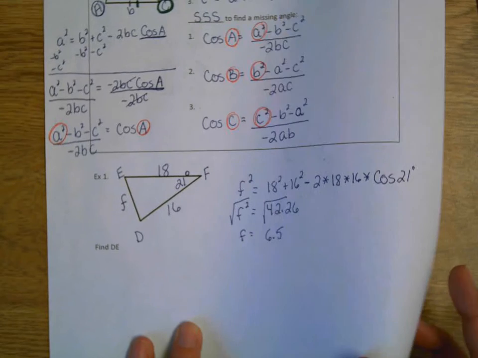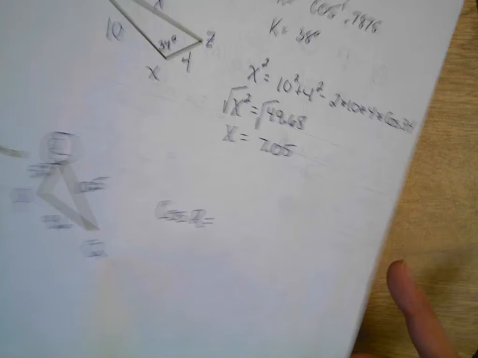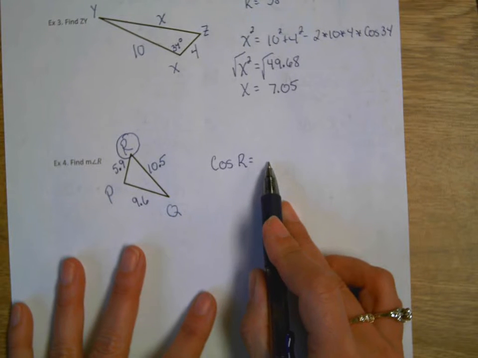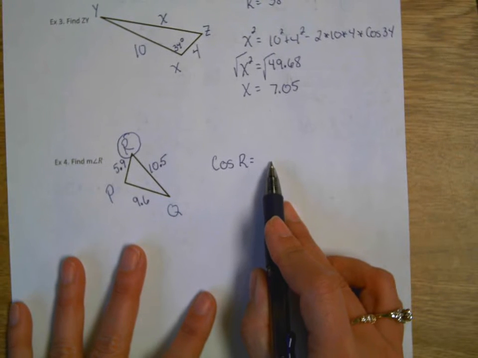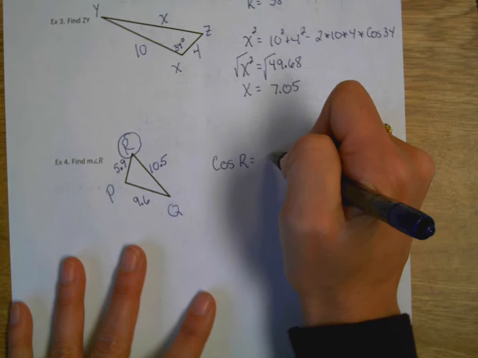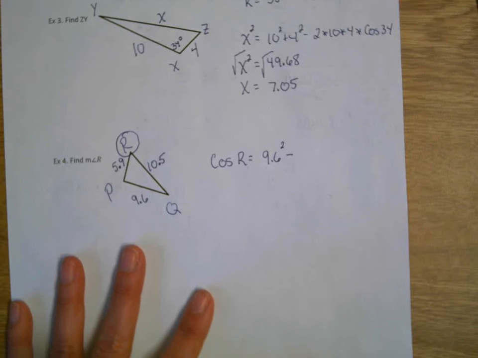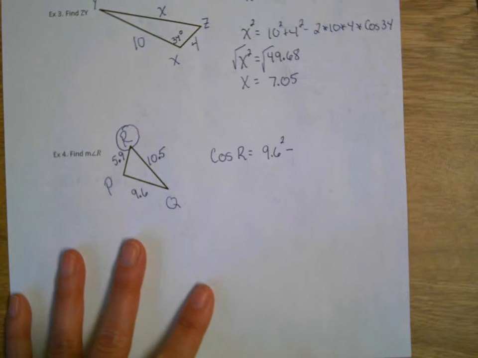Ready to tell me what you got, Alex? What number did you write down first here? 9. Yep, 9.6 squared. Then it says subtract. What did you subtract?